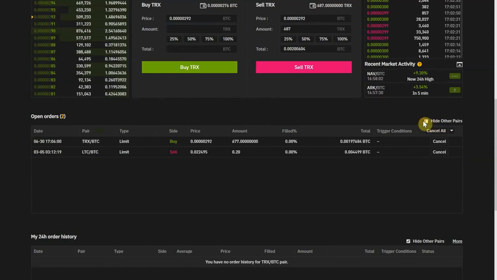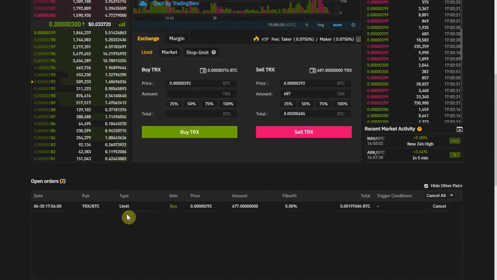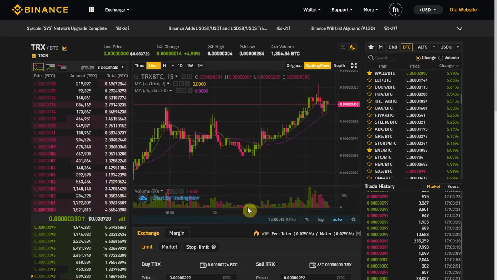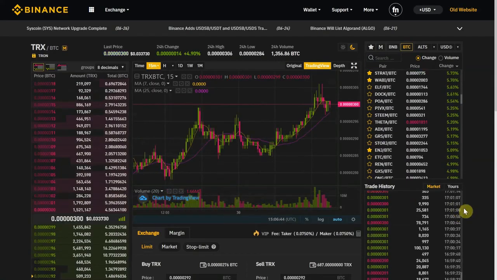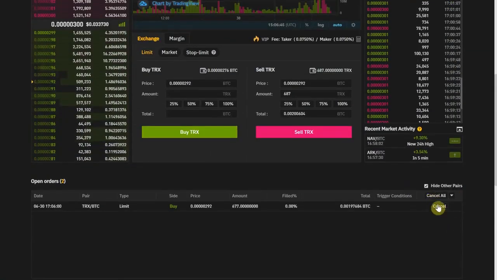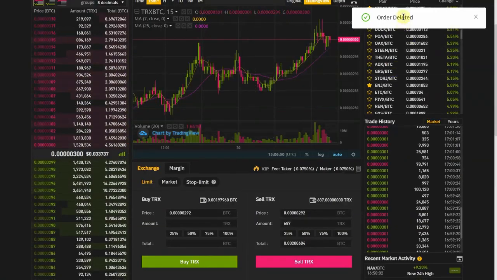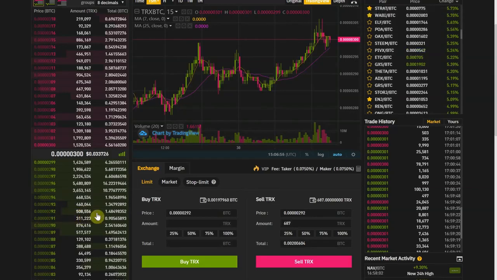Yeah, I have a BTC order from a long time ago. And you can see the order here is opened. If you decide to cancel, simple, just come over here, cancel, order deleted, and you no longer have the indicator here. Oh, 500,000 TRX, it's growing.